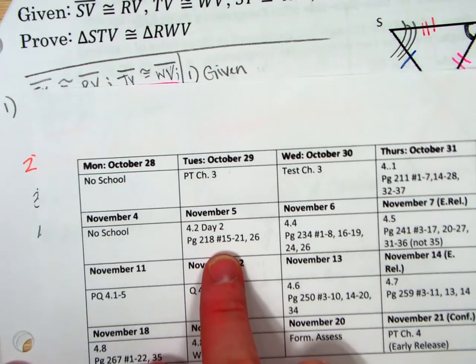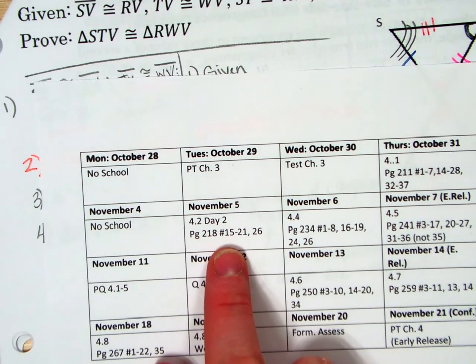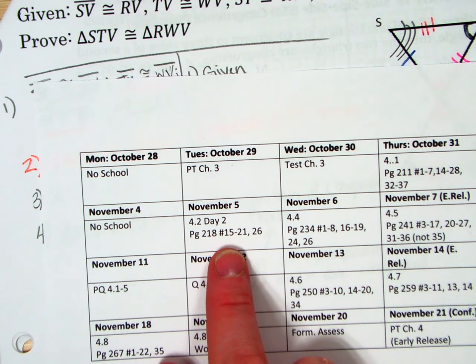Day 2's homework, not too bad. It is 15 through 21 and 26. To let you know, it's on page 218. For 15 through 21, you will have math. You will need to describe an error. You'll need to graph a triangle and then graph another triangle that's congruent.